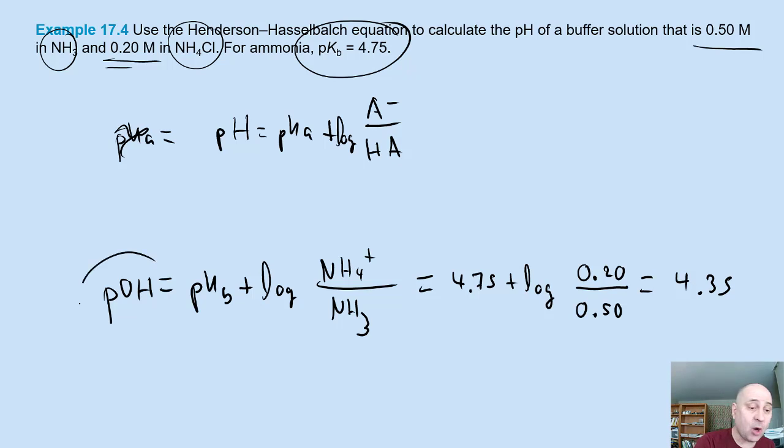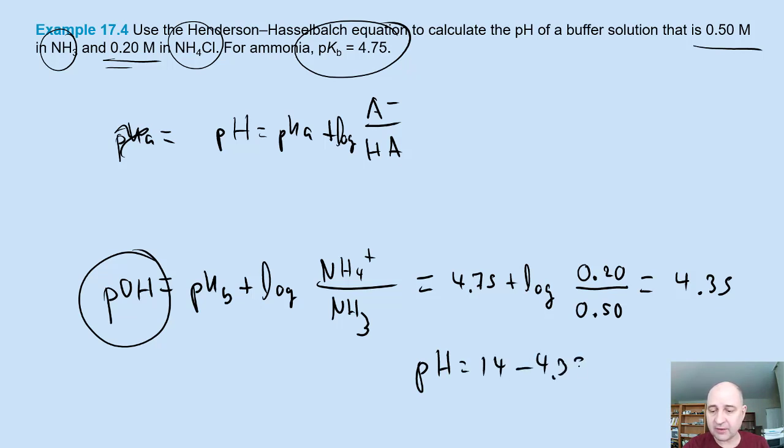That would be the pOH, and so if I wanted to know what the pH is, then I still have to do 14 minus 4.35, and that would be equal to 9.65, which we expect the pH to be larger than 7, obviously.